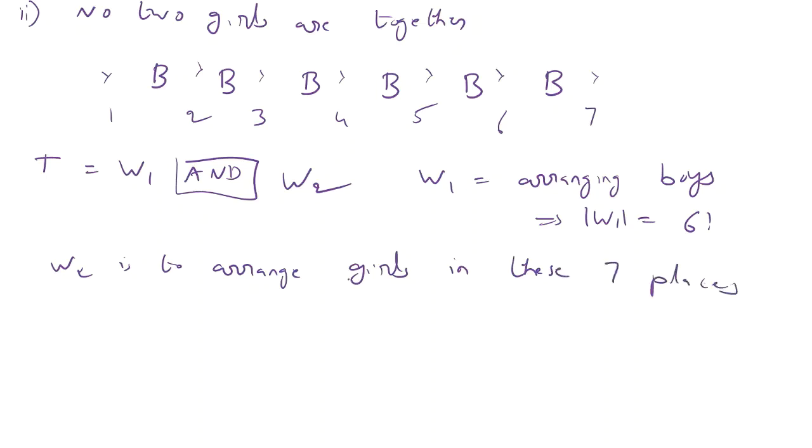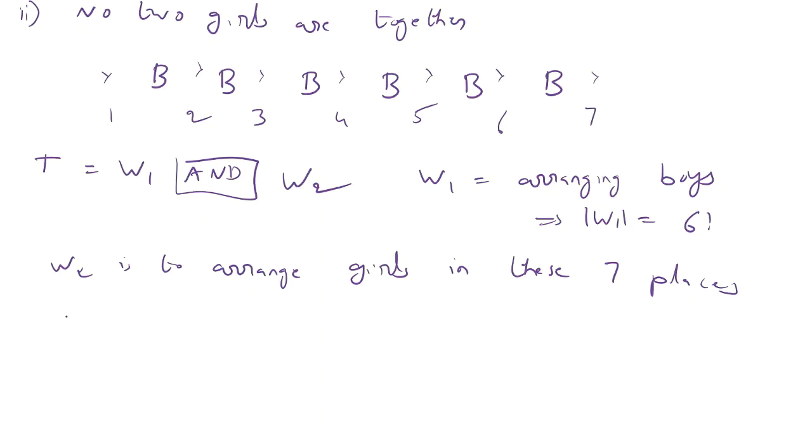Now we have 6 girls and we have 7 positions. I can arrange these 6 girls in 7 positions in 7P6 ways. Because we have seen if there are 4 people and 7 chairs, we can arrange them in 7P4 ways. So here we have 6 people and 7 chairs. Therefore, we can arrange them in 7P6 ways. W2 is to arrange these girls in 7 places.